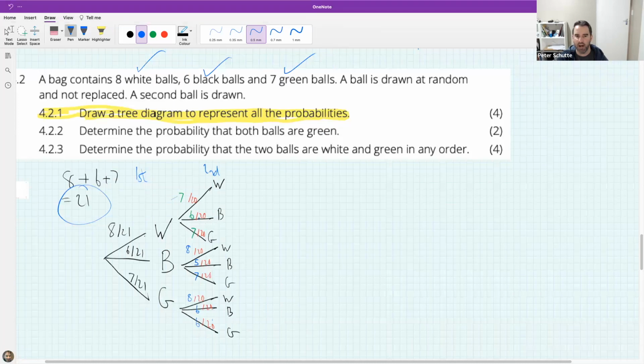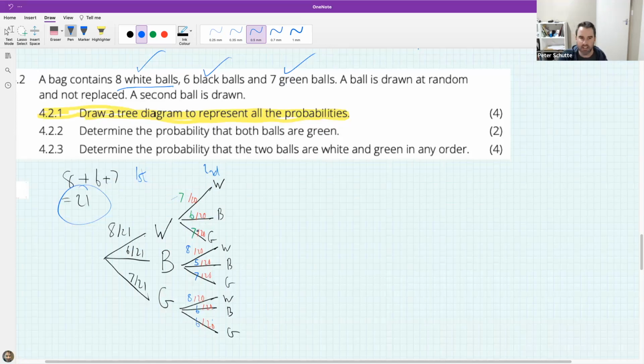Are you okay with why it's out of 20 on the second throw when it's out of 21 on the first choice? Now, if you've chosen white on the first go, there's one less white ball in play. There were 8 white balls to start with, but now in the second choice, there's 7. But when you go to the other branch, if you chose white to start with, you haven't affected black and green, so they stay the same.